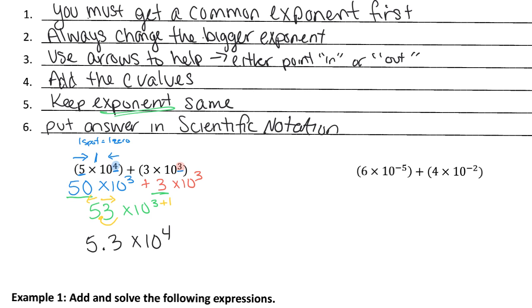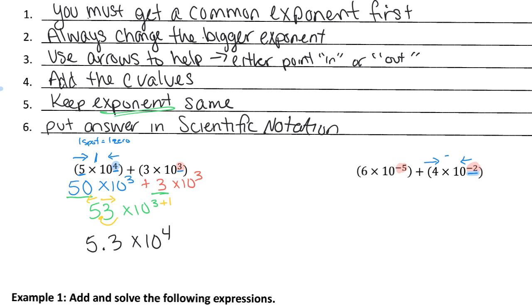Again, the first thing we're going to do is look at our exponents, -5 and -2. Which one's smaller? Remember, with negatives, the bigger the number, the smaller it is. Sorry, -2 is bigger. So we're going to move that, make it smaller. What's the difference between -5 and -2?